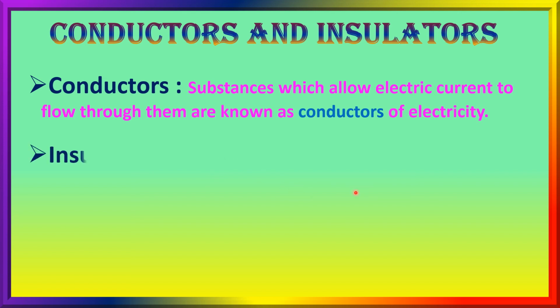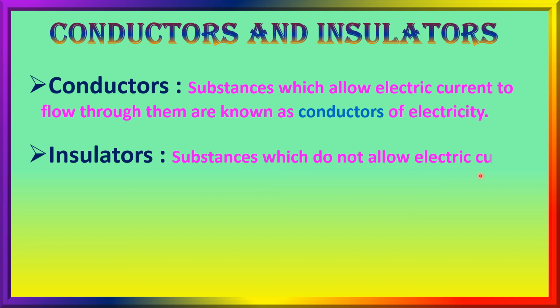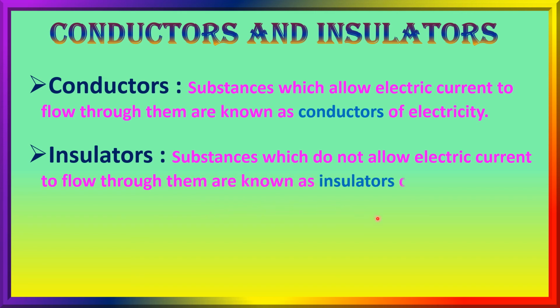Then what are insulators? Substances which do not allow electric current to flow through them are known as insulators of electricity. Okay. So substances which allow the current to pass through them are called conductors.